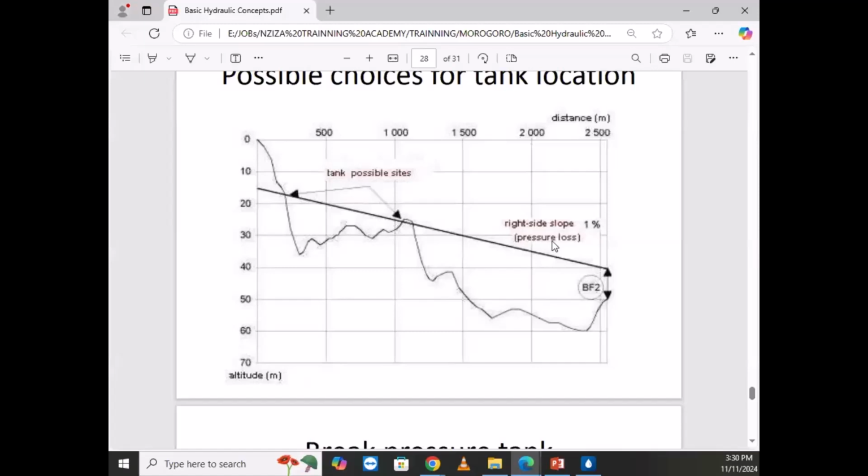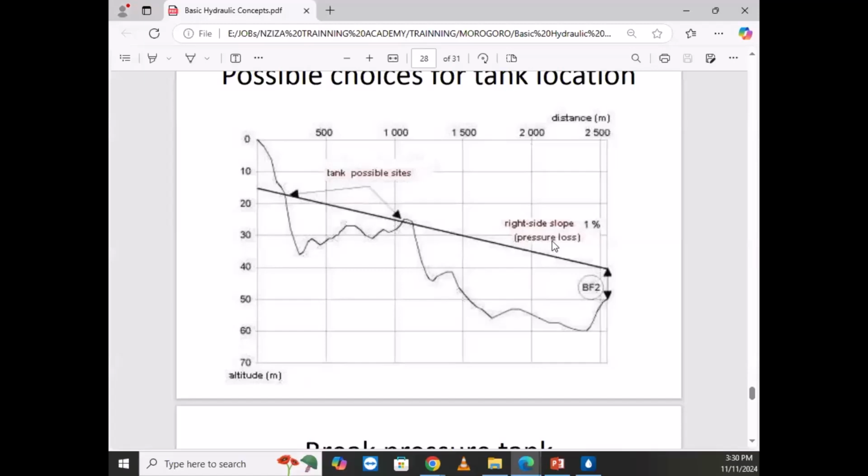We must locate the intake. Where is the intake location? Let's have others. It seems you are also confused. I see the altitude there.